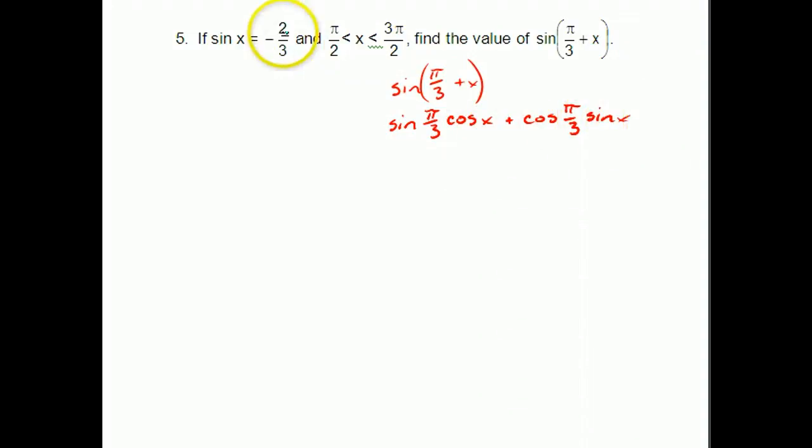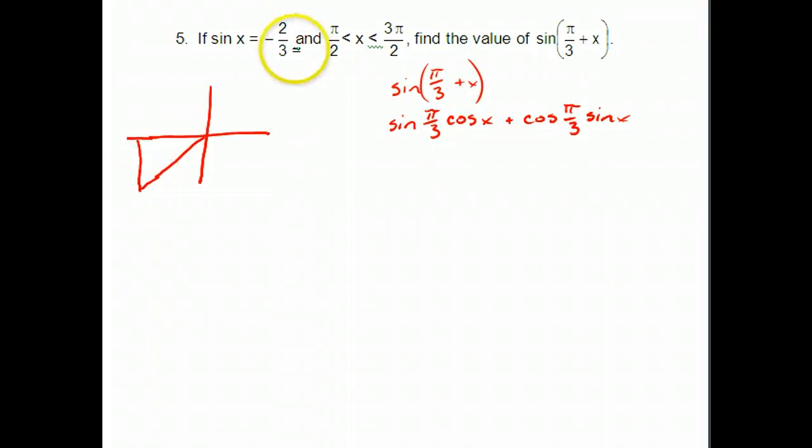Okay, so we want to be able to find out a couple of things. So let's go ahead and draw a picture here. So if sine x is minus 2 over 3, it's negative, and it's in between pi over 2 and 3 pi over 2, that means I'm in here someplace. But we know that sine is positive here, so my triangle is going to have to be in this quadrant, right? Okay, so we'll draw that in there.